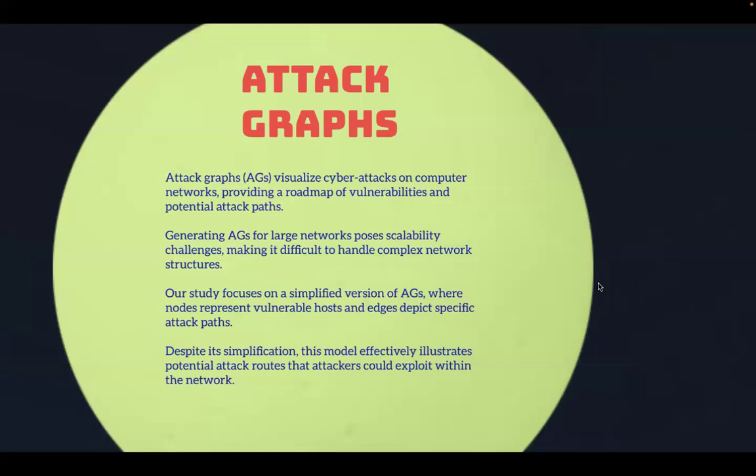By simplifying these graphs and focusing on key vulnerabilities, we can develop better strategies for defending against attacks, such as deploying honeypots strategically. While attack graphs may not initially account for network mobility, we can modify them to accommodate dynamic network conditions, making them invaluable tools in cybersecurity planning and defense.